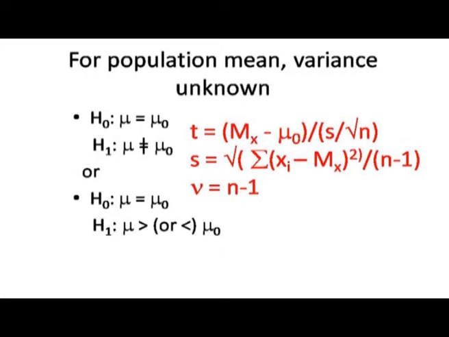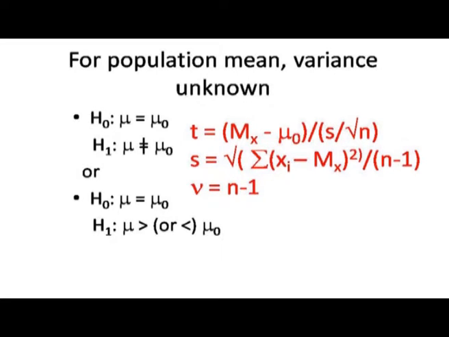There are reasons for that. This actually is s square, variance, and s is the square root of this. If you take the square root of this expression, then you have s, the standard deviation.